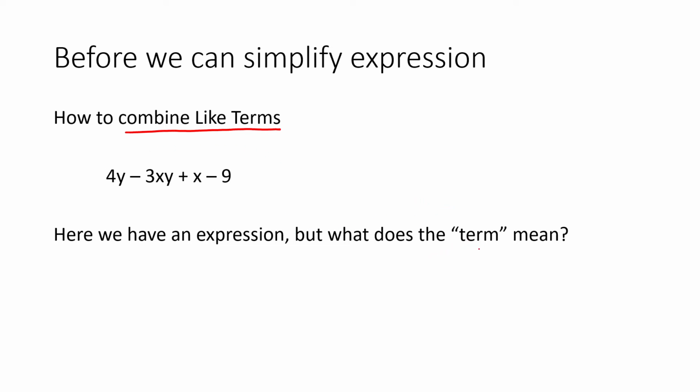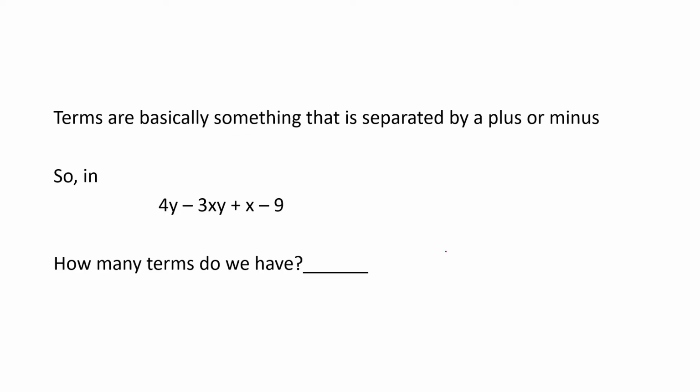What does term mean? Well, term basically means something that is separated by a plus or minus. So in our expression 4y minus 3xy plus x minus 9, how many terms do we have? Okay, now say your answer to yourself, and the actual answer is 4.